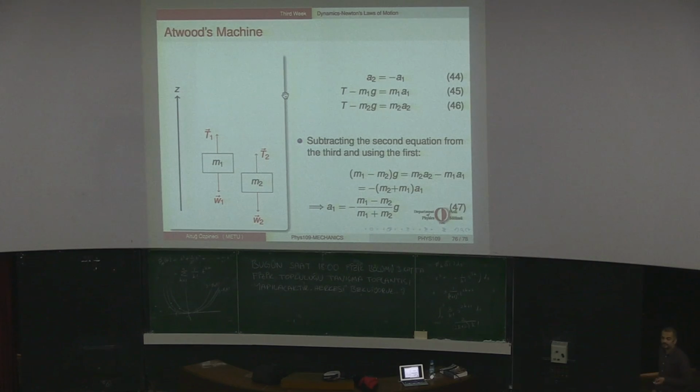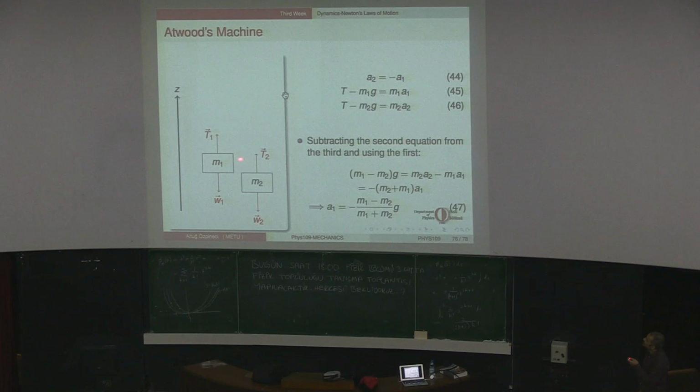We can imagine the other case. There is a fly attached to the other end of the string. She is hanging on top of a cliff, and you are trying to hold it. You would expect that since m1 is very large, mass 2 should go up, mass 1 should go down, which means the acceleration of the first mass should be in the minus z direction.